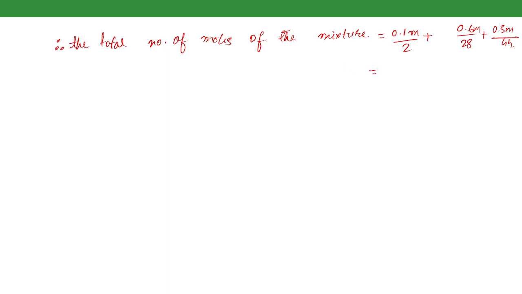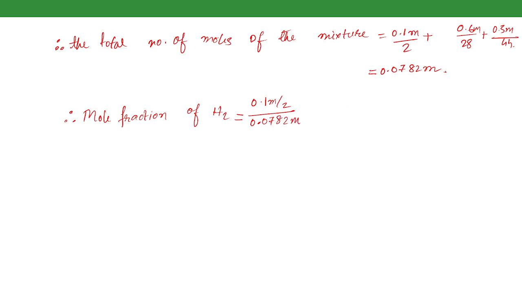So this is equal to 0.0782 m. Now from this we can determine the mole fractions. Therefore the mole fraction of hydrogen is equal to 0.1 m by 2, this was the number of moles of hydrogen, and the total number of moles is 0.0782 m.